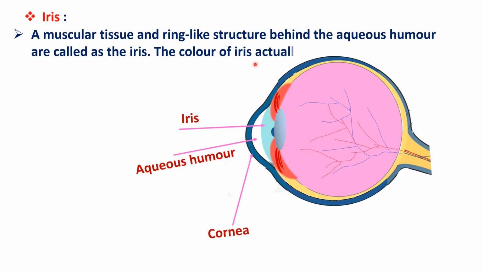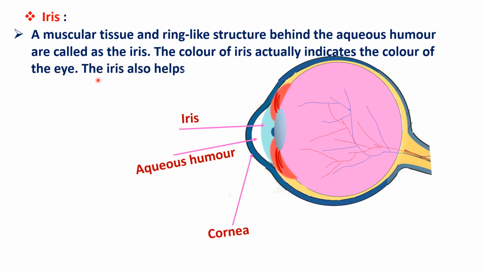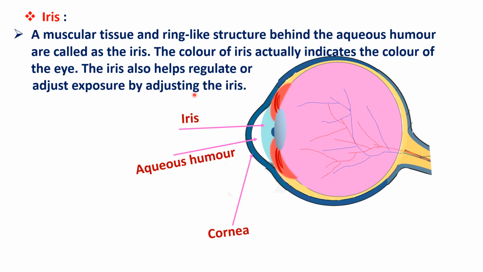The color of iris actually indicates the color of the eye. The iris helps regulate or adjust exposure by adjusting the iris.